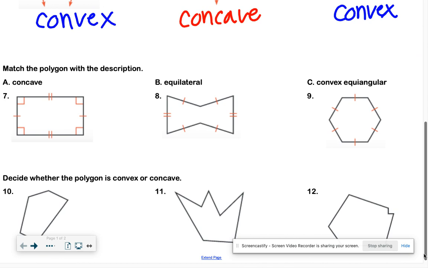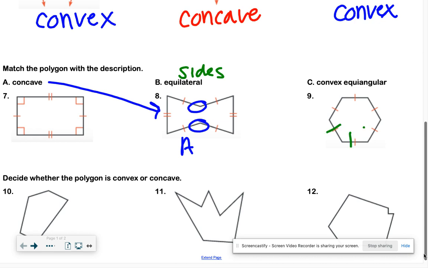All right, match the polygon with the description. Concave, so which one of these dips in? Well, the only one that dips in, you guys, is number 8, right? Right here, so we can draw an arrow there or put A here. Equilateral means equal sides. So which one has equal sides? Oh boy, that would be number 9, right?